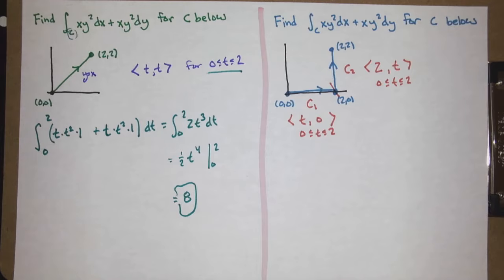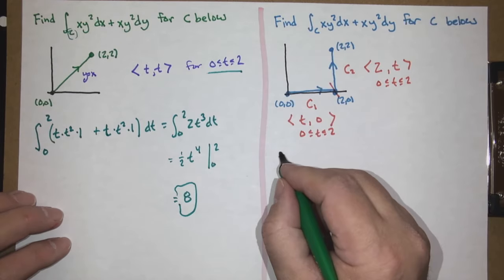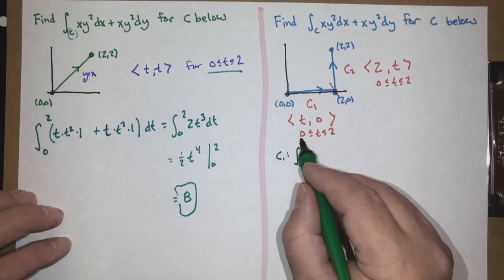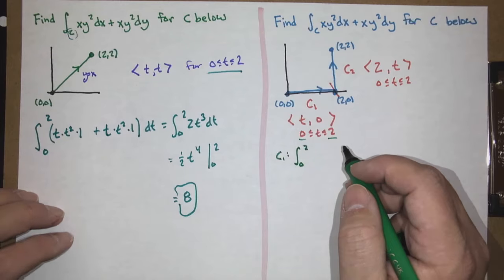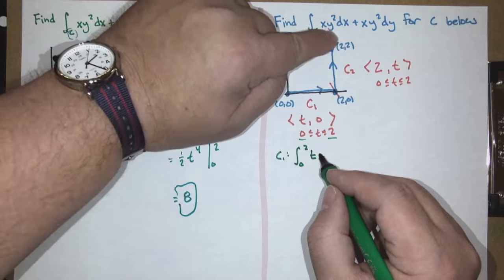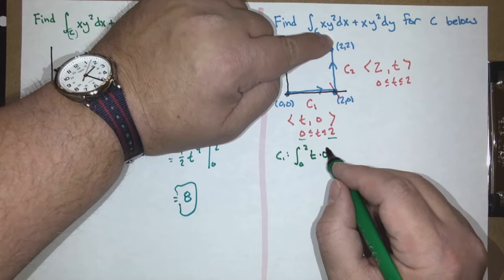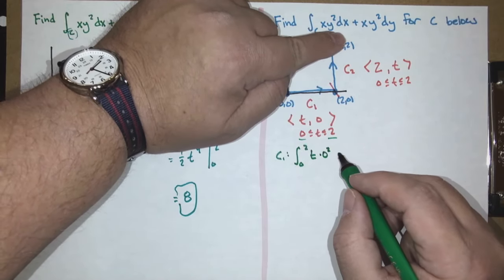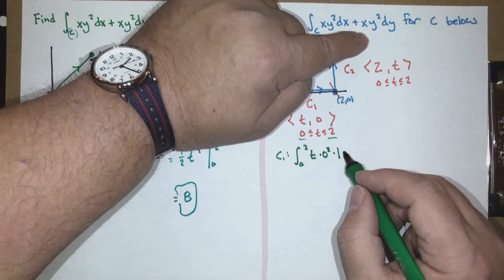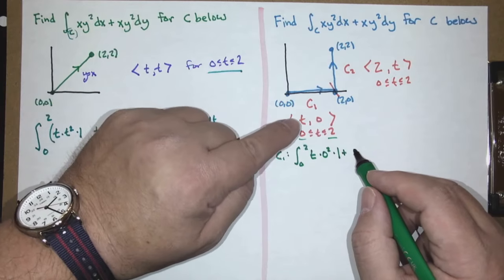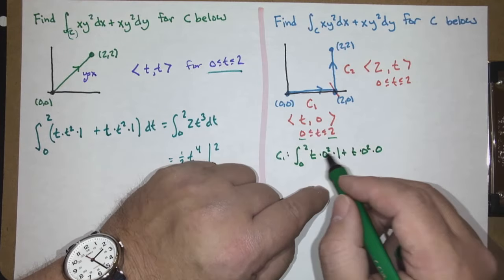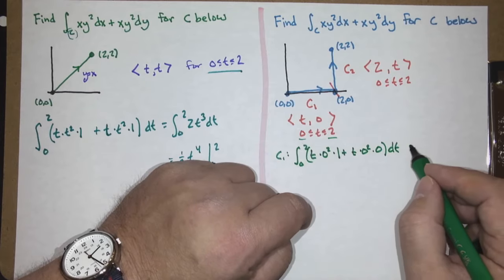All right, so we begin. Let's start with C1. We're going to integrate from 0 to 2, because we're using our 0 to 2. What is x? t. What is y? 0, squared, but that'll be 0. dx? You're probably like, Steve, it doesn't matter. There's a 0. Why do you keep going? Plus x, t, y still 0 squared, dy, 0 dt. Well, what does that turn out to be?